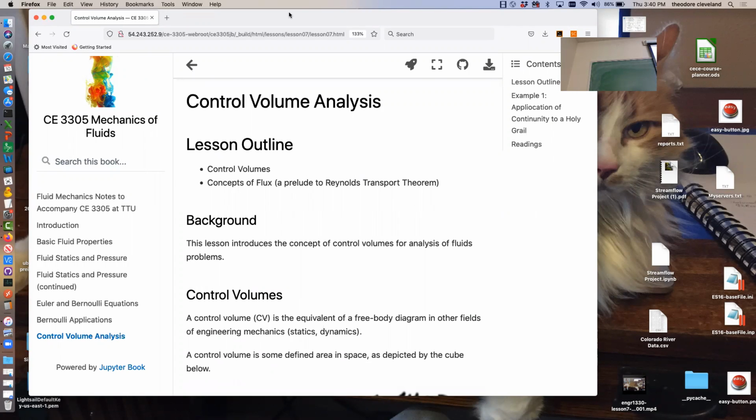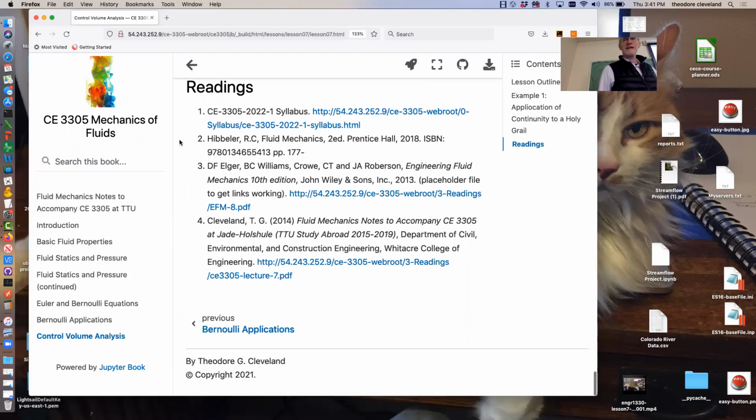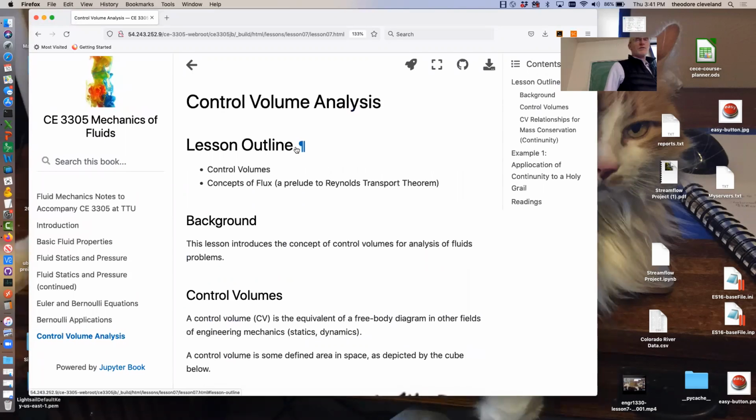So today the topic is control volume analysis. I know it starts on page 177 of the book. I don't know where it ends because I didn't finish the reference thing. But technically it's that whole chapter, and this first part is part of the chapter.